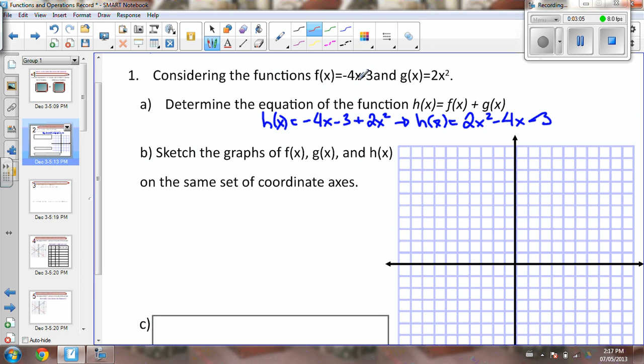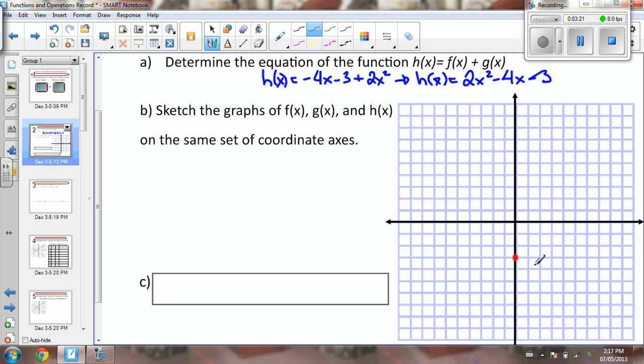That's simply a line with my y-intercept at negative 3. So I'm going to go down 3. 1, 2, 3. And then I have a slope of negative 4, meaning down 4, 1 to the right, or up 4, 1 to the left. So let's go down 4. 1, 2, 3, 4, 1 to the right.